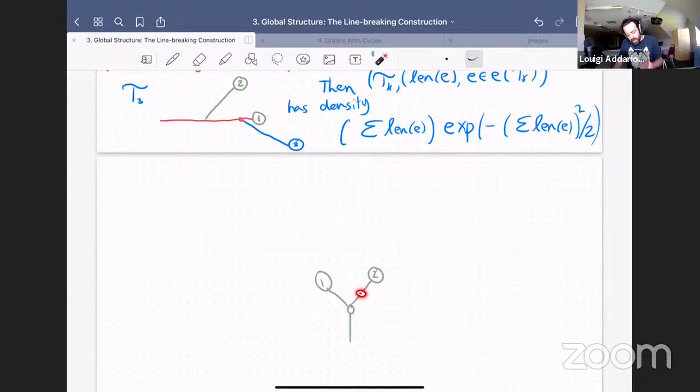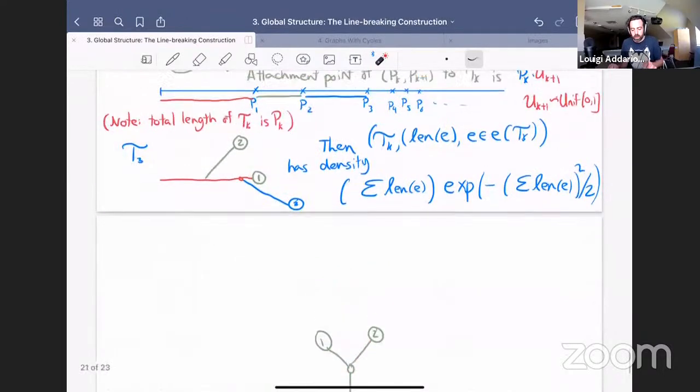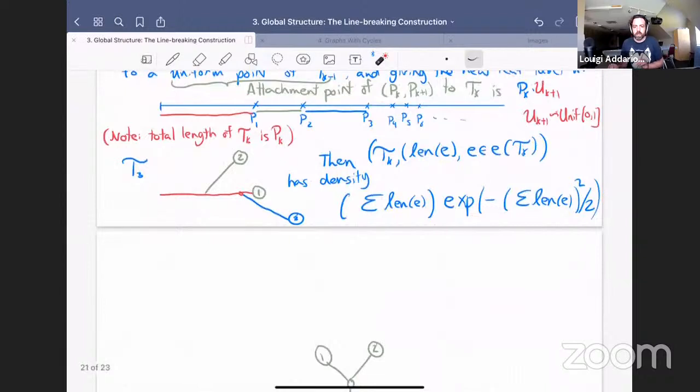But then you subdivide that edge, which makes the two pieces smaller again, and attach a new piece. And sort of magically what comes out of that is precisely, again, an exchangeable vector of random variables, with the distribution corresponding to this density here. So there's this exchangeability that's maintained by the dynamics, which means that if you ignore the edge lengths, you actually precisely see Rémi's algorithm.